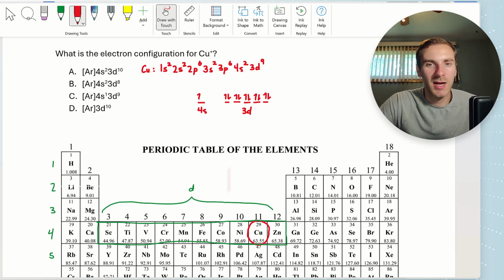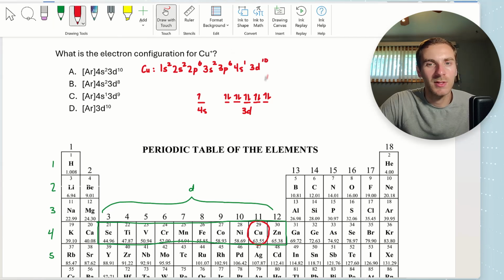Even though 3d is higher in energy than 4s, this filling of the 3d sublevel more than offsets that. So the electron configuration for copper would actually end with 4s1 and 3d10. It's an exception.